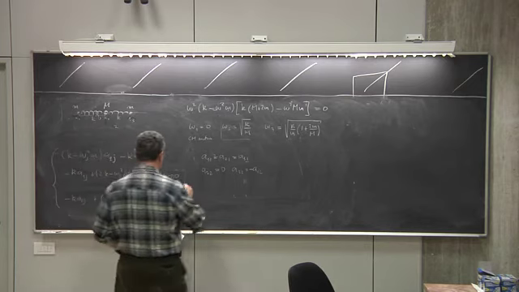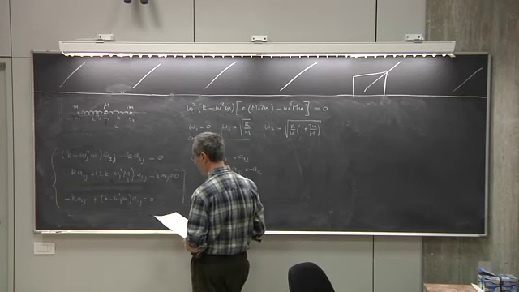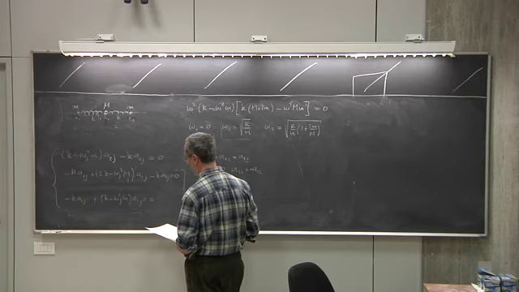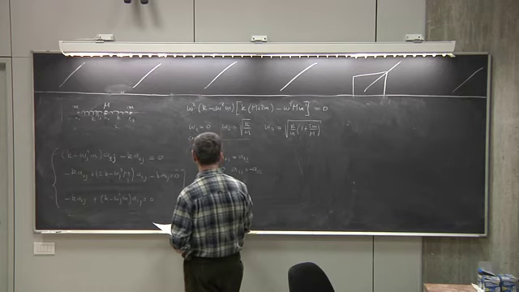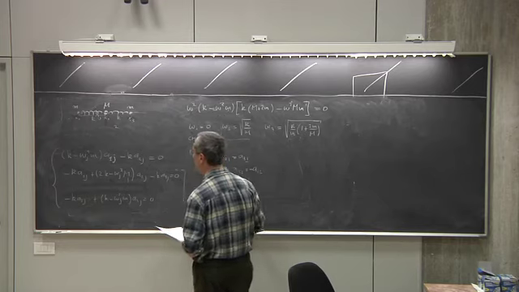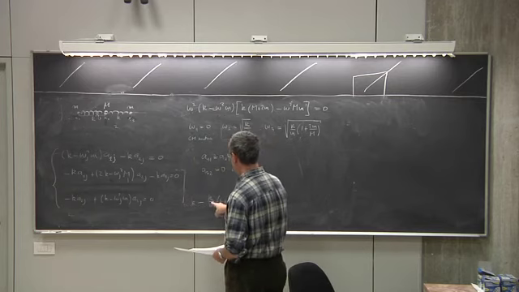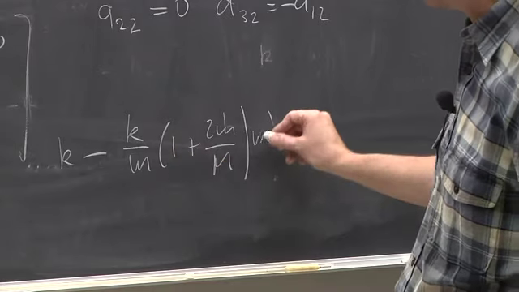So if I do the first one, you see that I get k minus k, that simplifies with this.